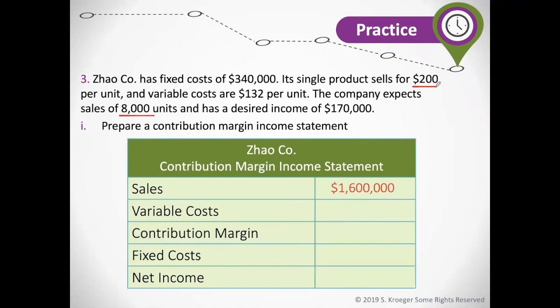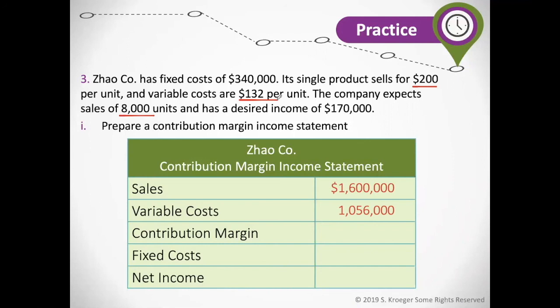Next, we have to calculate our total variable costs. We're selling 8,000 units, and the variable cost is $132 per unit. When we multiply 8,000 units by $132, we get 1,056,000.